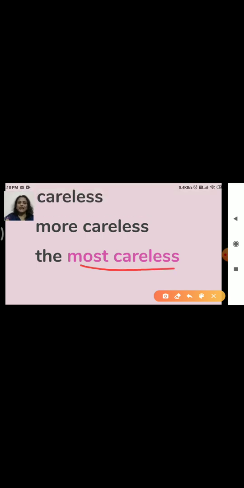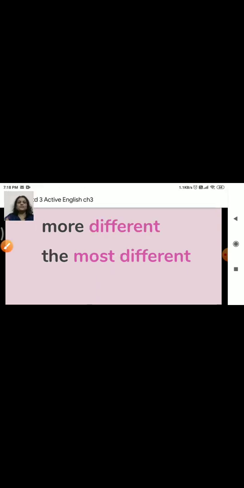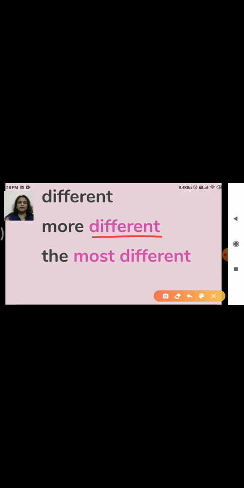Let's move. Another word here is different. More different, the most different. Right? This word is added, and the most different.